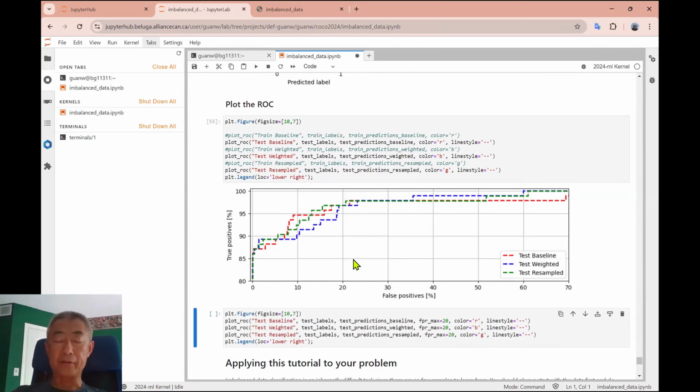So we plot the three models we trained with different strategies. The red one is trained with only the bias adjustment. The blue line we trained with bias adjustment plus the sample weight adjustment, and for the green one we apply another strategy on top of those two, which is resampling.